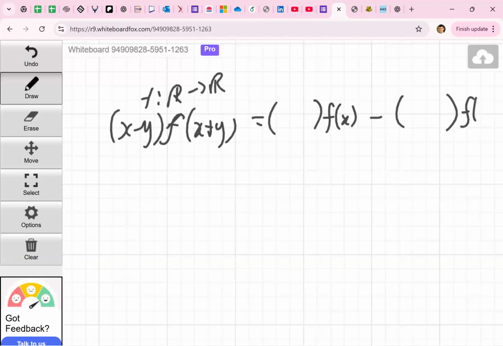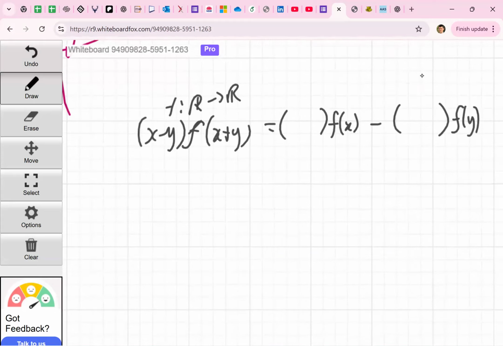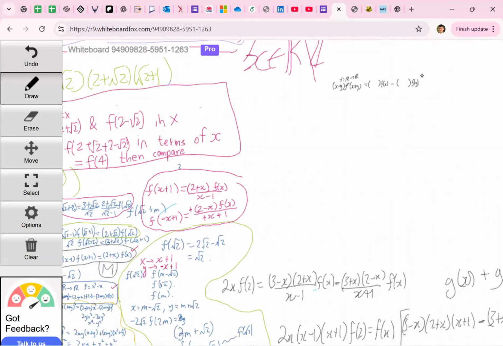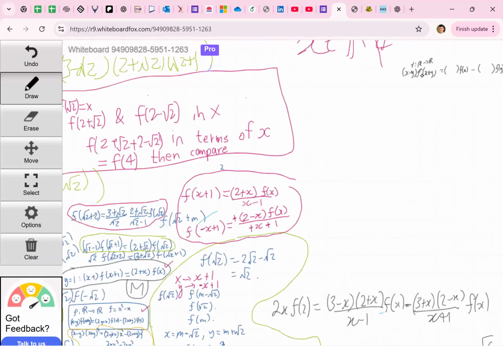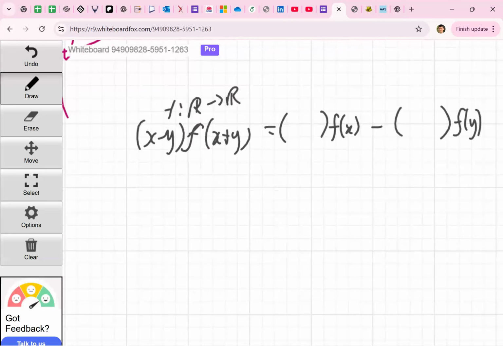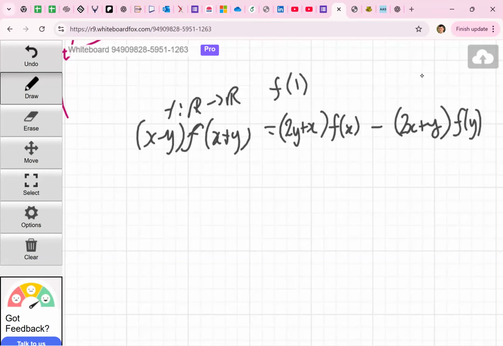It's f of y... is it 2y plus x? It's 2y plus x and 2x plus y, yeah? So this might be considered like a write-up. And then we were also told f of 1 equals 0, yeah?